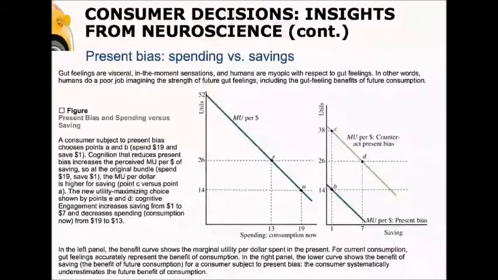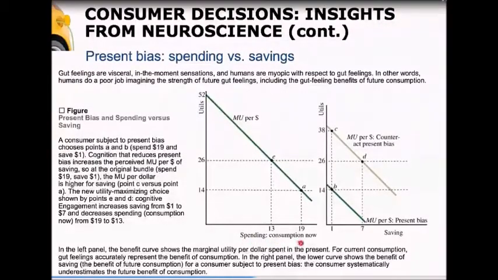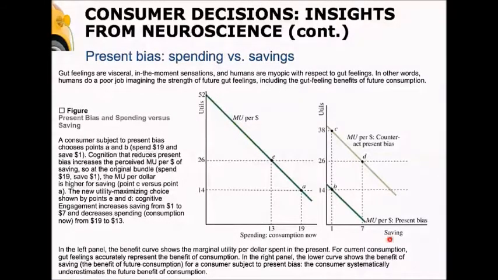We can also look at something called present bias, meaning should we spend now or should we spend later? And the spending later is savings. Spending now versus savings is a choice that we make. So we look at consumption now and savings and the marginal utility per dollar of each one. And we can look at the marginal utility per dollar of future spending or savings right now with present bias.